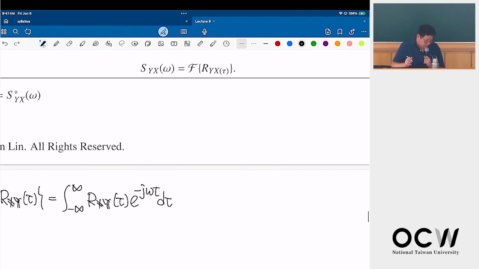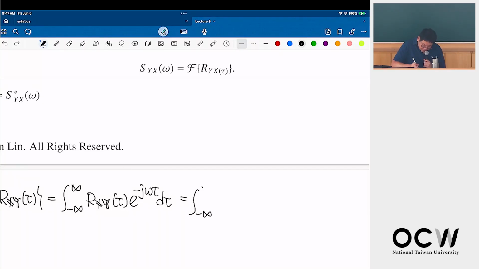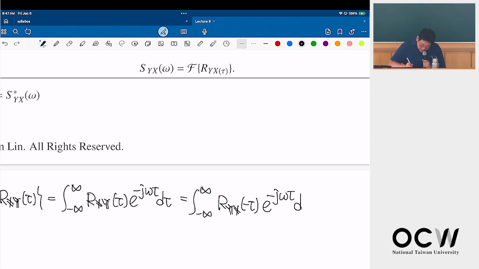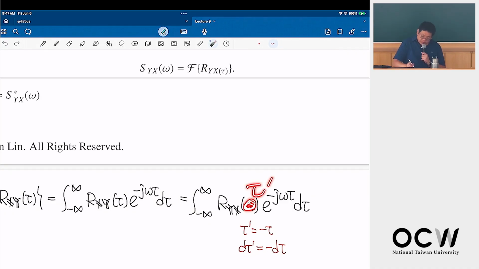Let's change the variables to get our YX. We know these relationships. Okay, if I reverse X and Y, then we get minus tau. And here we have e to the minus j omega tau d tau. Let's have tau prime equals minus tau. And then d tau prime will be minus d tau. So we'll change that to tau prime.